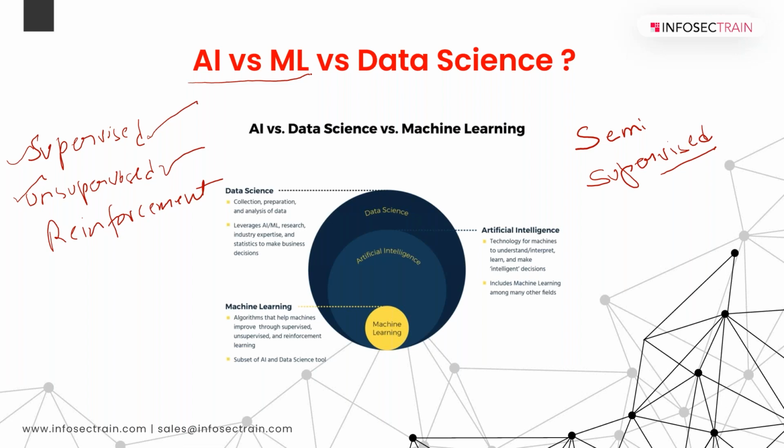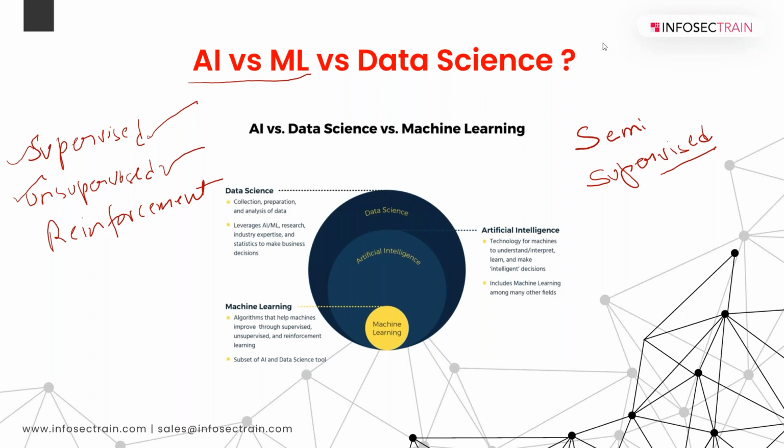AI enables a machine to emulate human behavior, and machine learning is a subset of AI. We discussed that, right? Now, you guys tell me some applications of AI where we have used artificial intelligence. You use it every day.